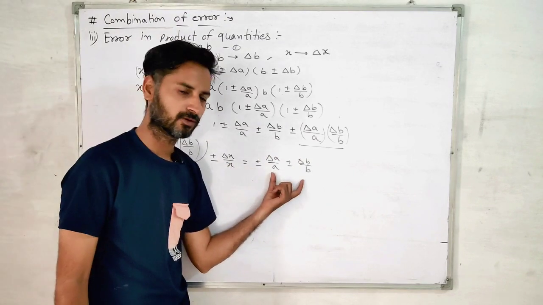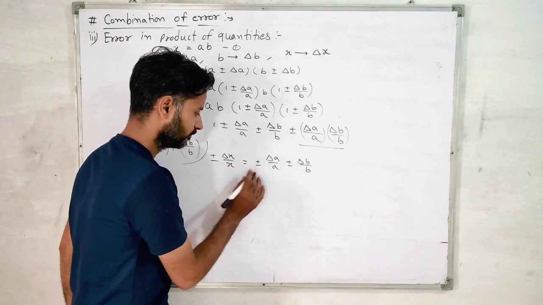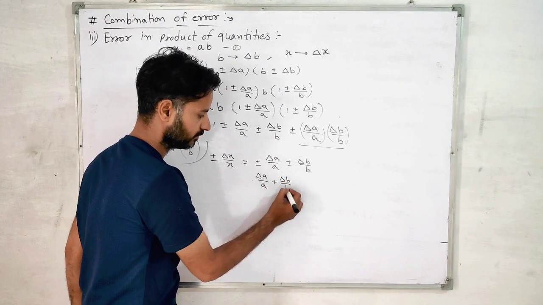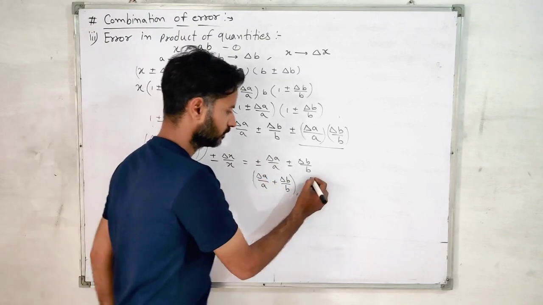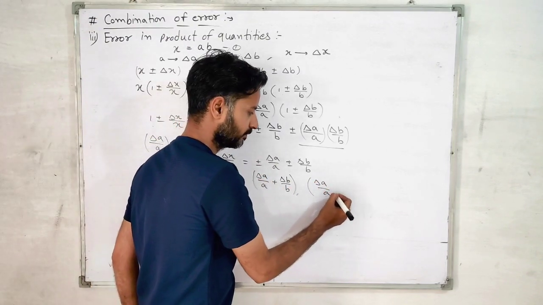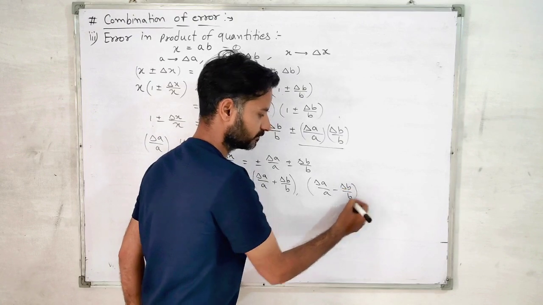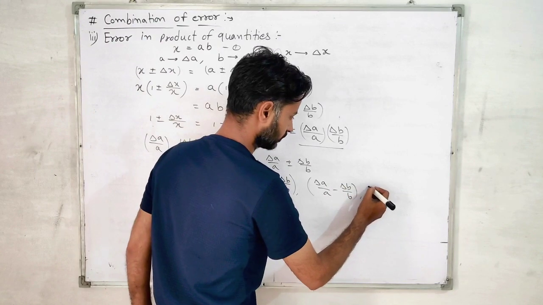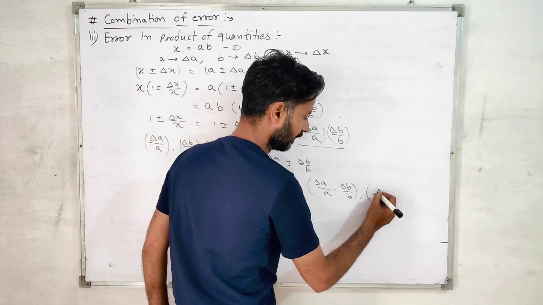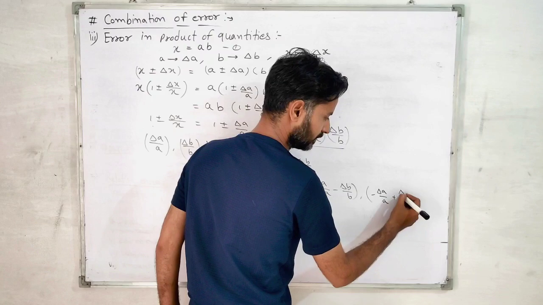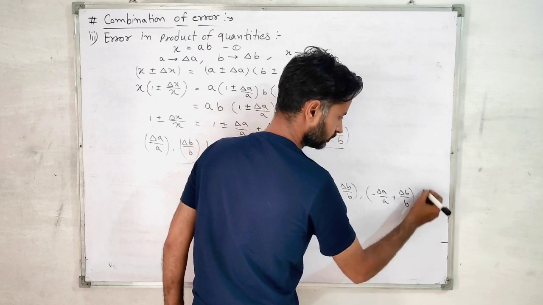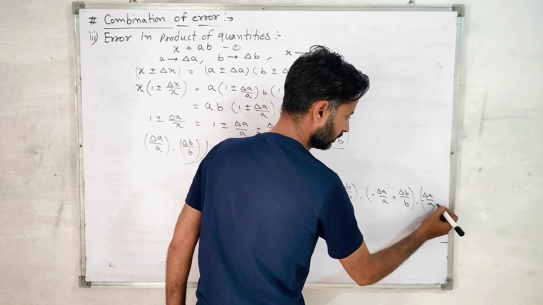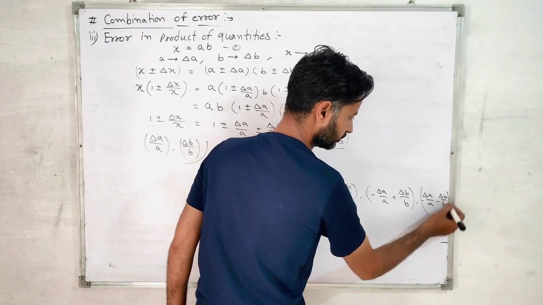So we have four possible values, which are del a divided by a plus del b divided by b, del a divided by a minus del b divided by b, minus del a divided by a plus del b divided by b, minus del a divided by a minus del b divided by b.